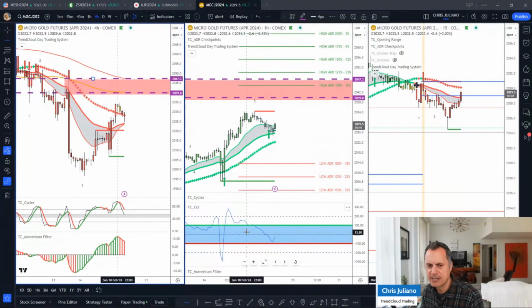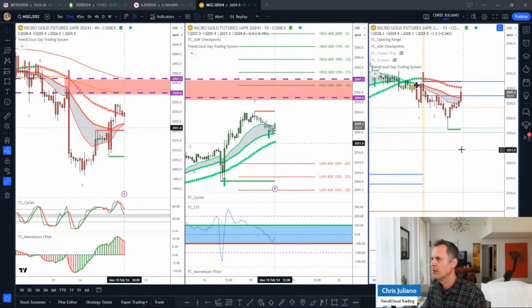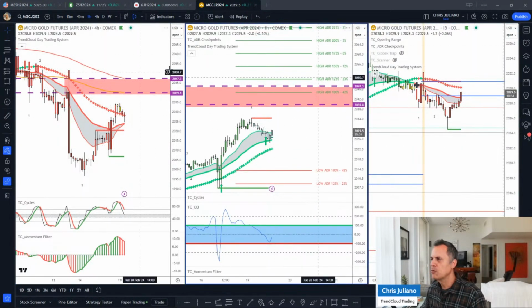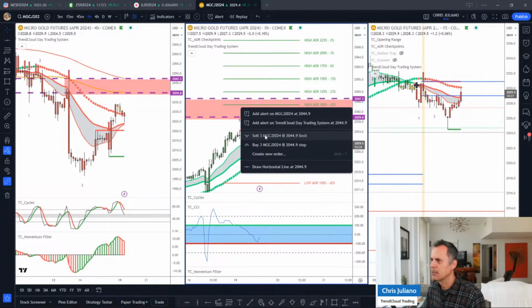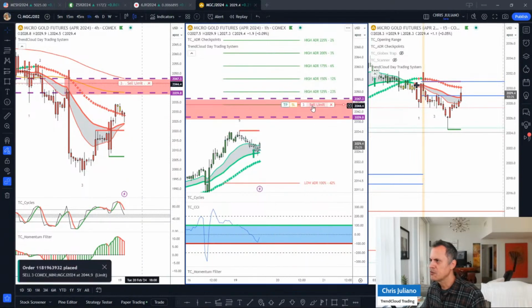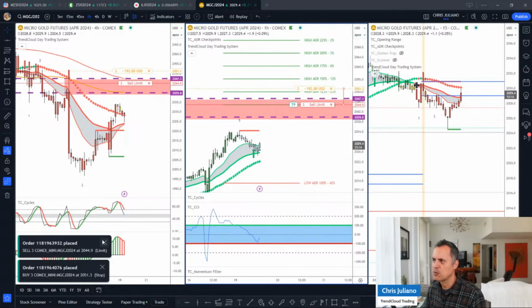Guys, we've got to take advantage of this. Another trend reversal trade is setting up for us. This is great news. Okay. So on your micro gold, you can take your entry right at that ADR checkpoint and bring your stop loss above the second ADR checkpoint for protection.